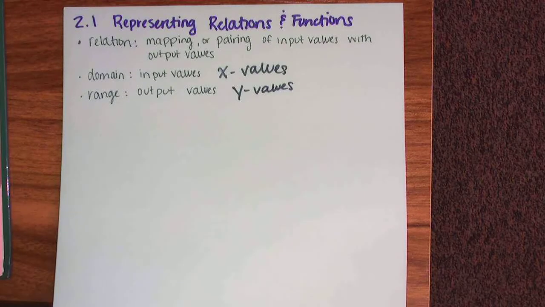All right, so then we have 4 different ways to represent relations. Okay, so different ways to map it or to show it.